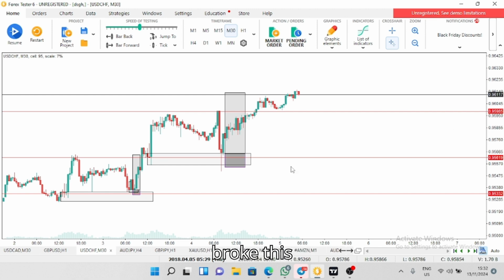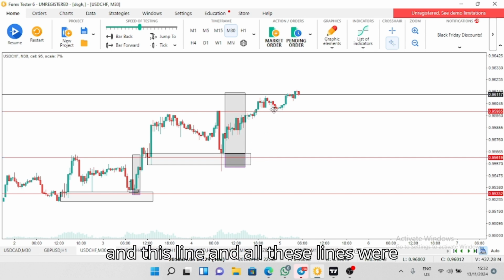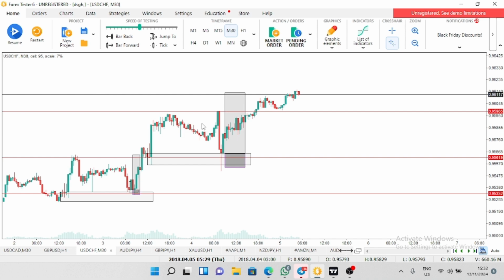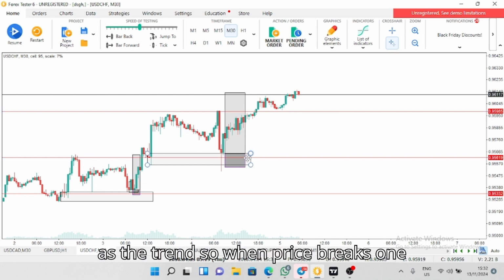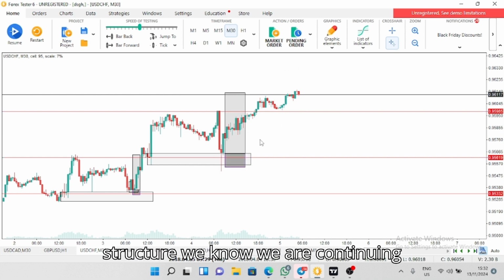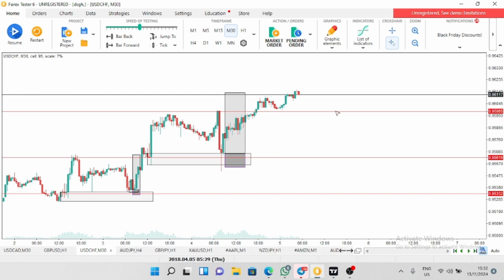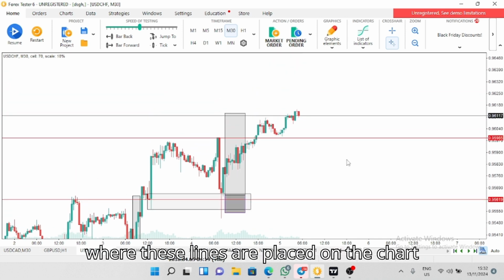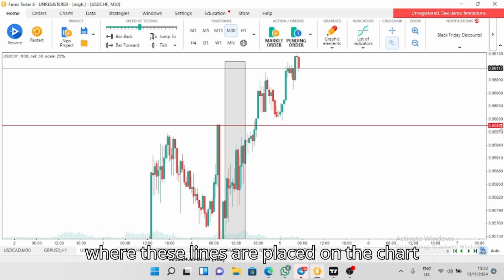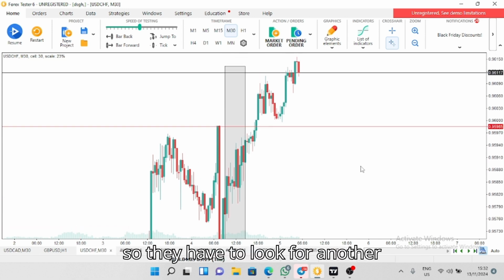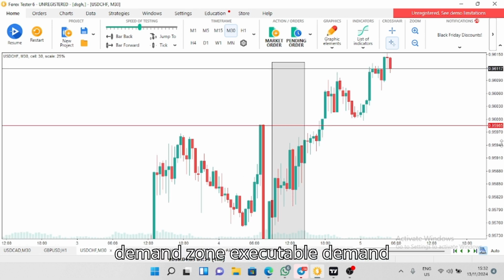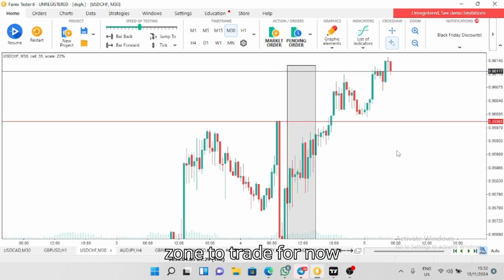Price broke this and this line, and all these lines were meaningful structures showing the trend. So when price breaks one structure, we know we are continuing in an uptrend or a downtrend due to where these lines are placed on the chart. So we have to look for another demand zone, a suitable demand zone to trade from.